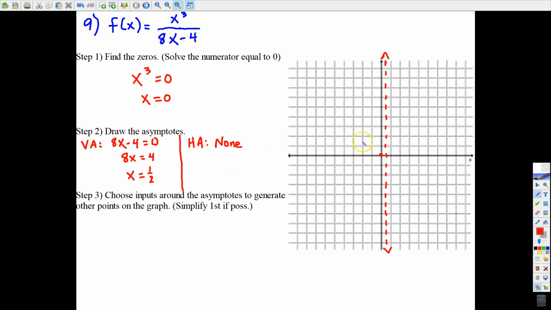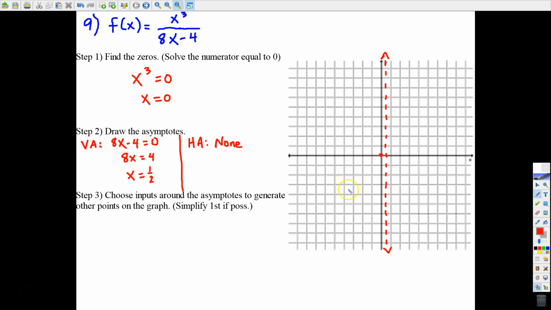So we don't have to worry about drawing a horizontal line that also serves as a fence or a barrier to our graph. It would keep our graph from continuously going up or down. That's what a horizontal asymptote does. The vertical asymptote is going to prevent my graph from flowing continuously from left to right.